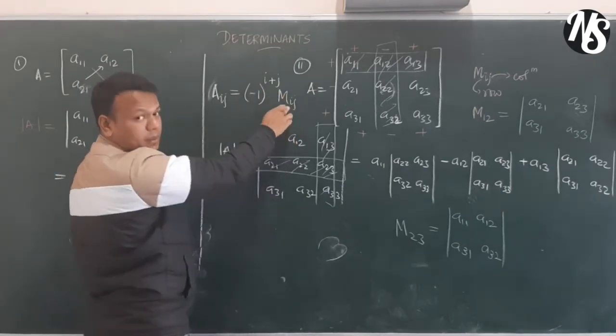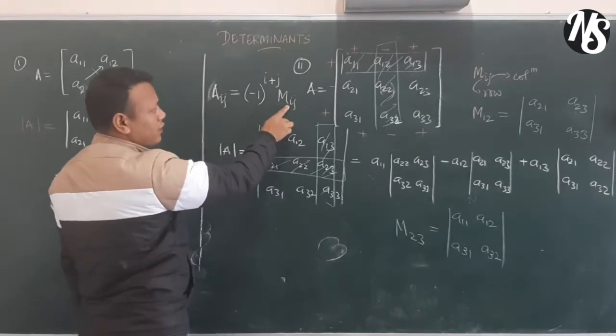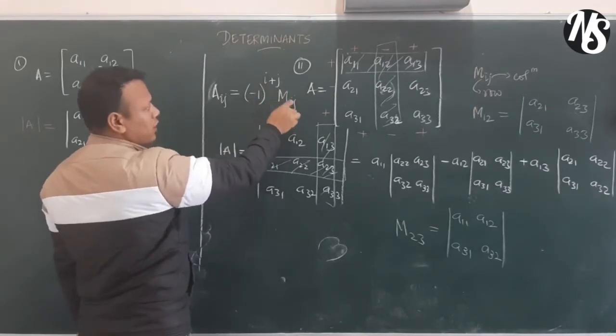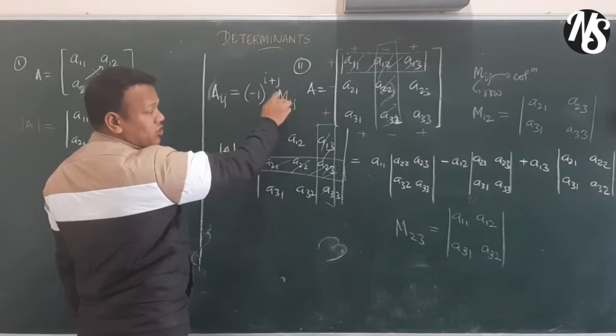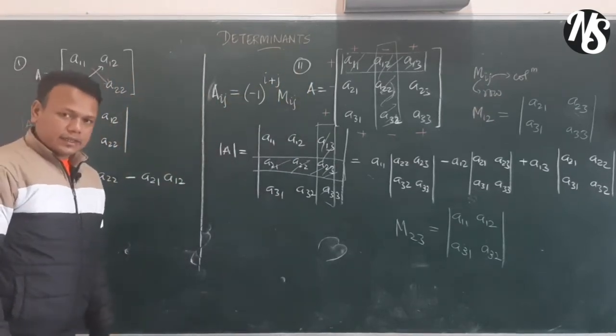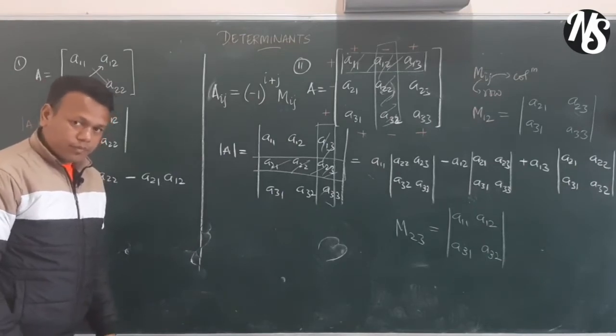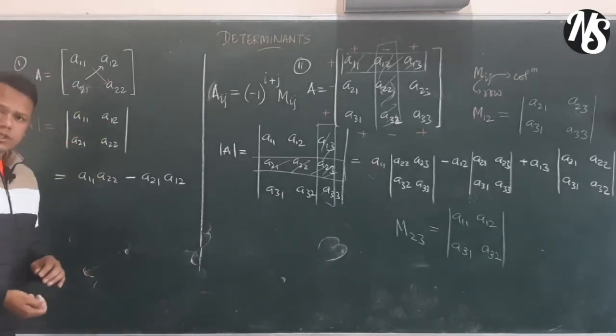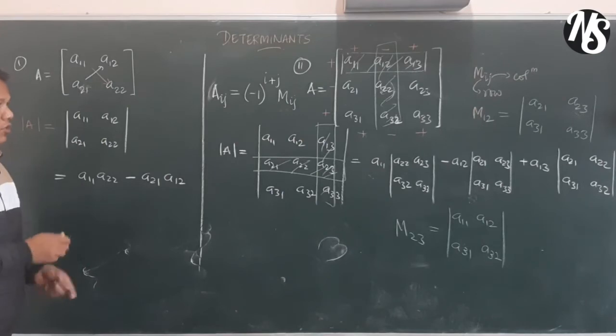Now you know how to find Mij, and you know the values of i and j. Put them over here and put the value of Mij. Whatever number you get, that will be your Aij, that is the cofactor. Having understood this much, let's see a few problems based on these concepts.